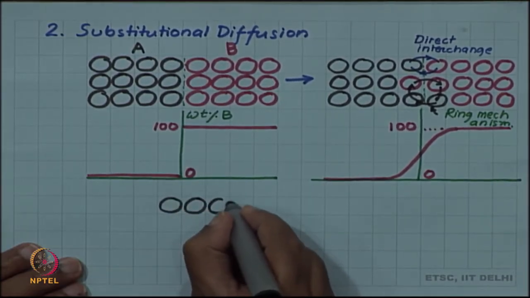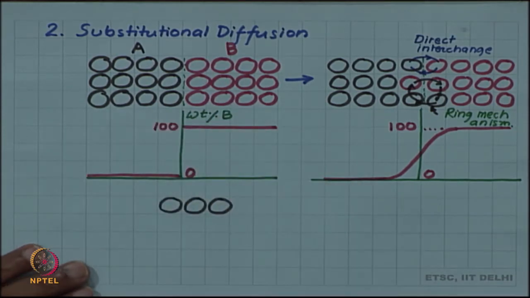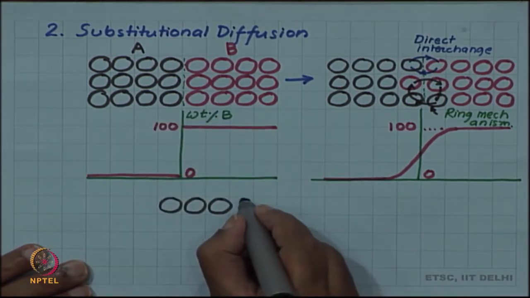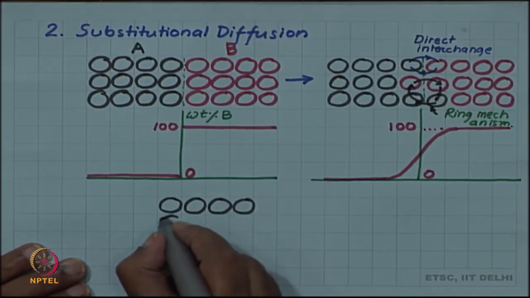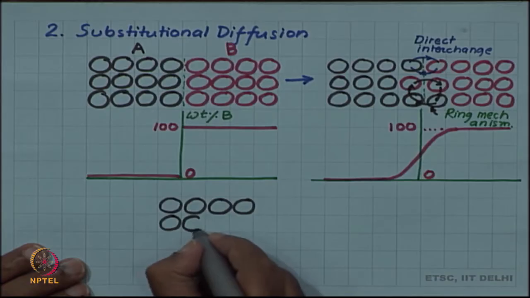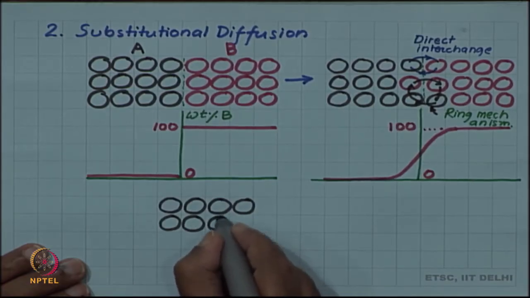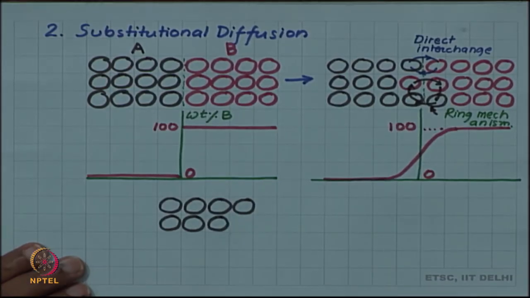So, recall my diagram, in fact, a drawing of diagram like this was incorrect, because I did not show the vacancies. We have seen that vacancies are always in equilibrium. So, some sites have to be vacant sites.